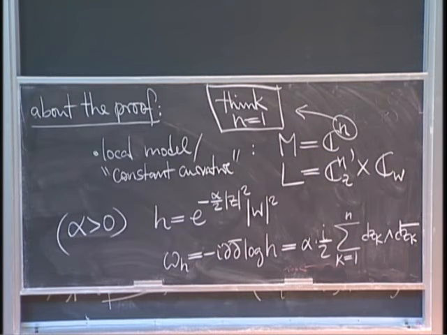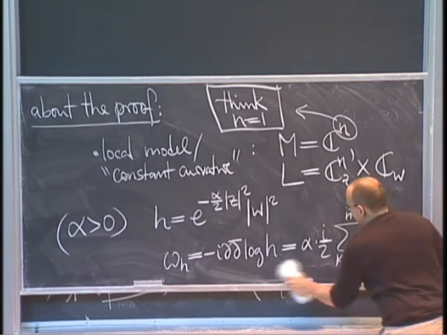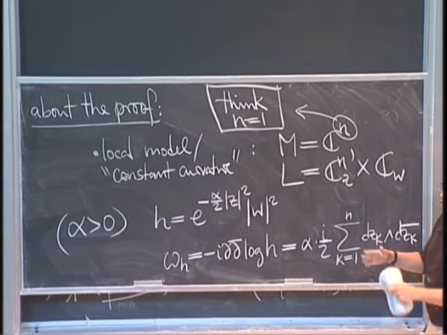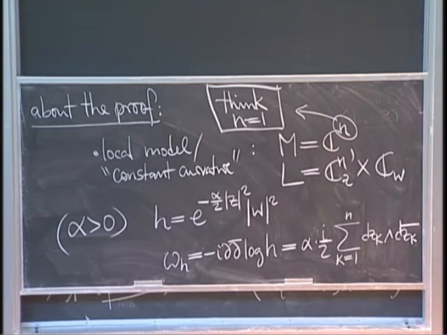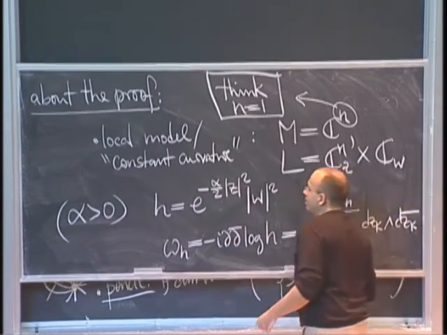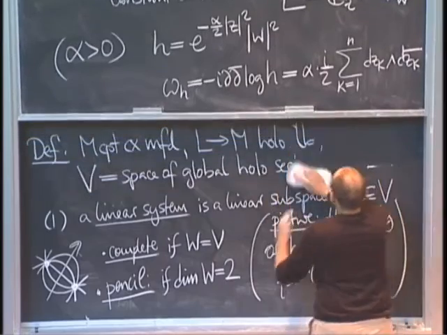And now the big question is, it's supposed to be a local model for what holomorphic sections of positive bundles look like. The simplest model for a holomorphic section you can take is just the constant section equal to 1. Take the trivial section.